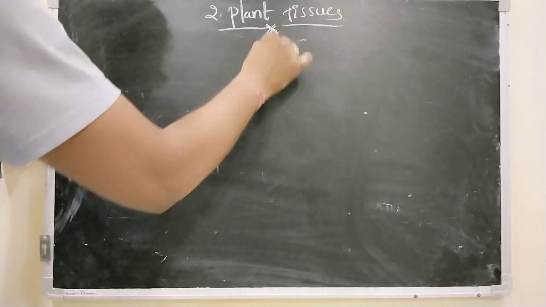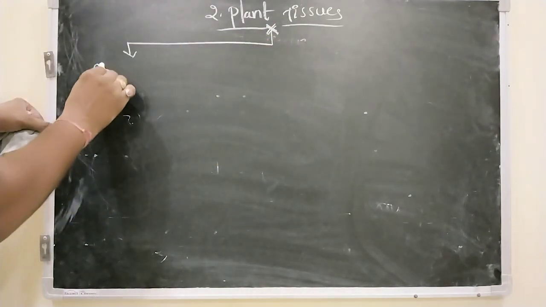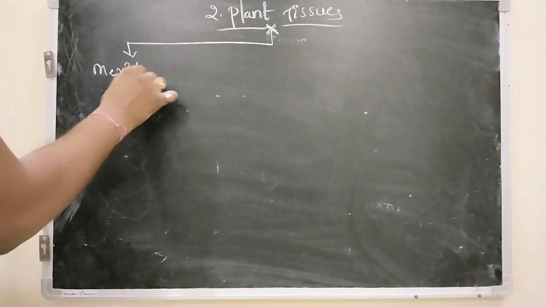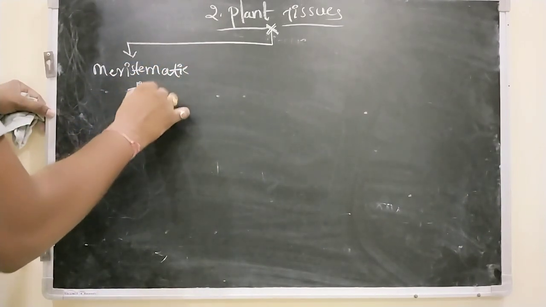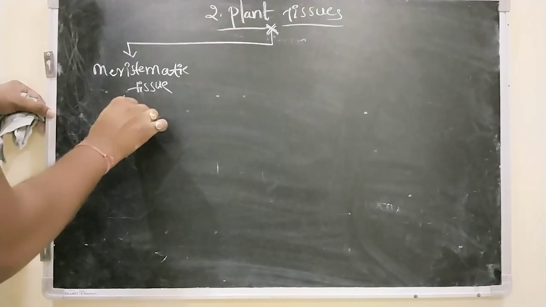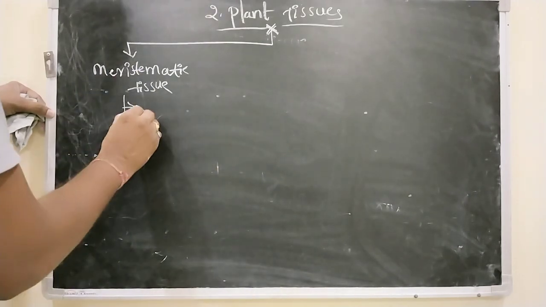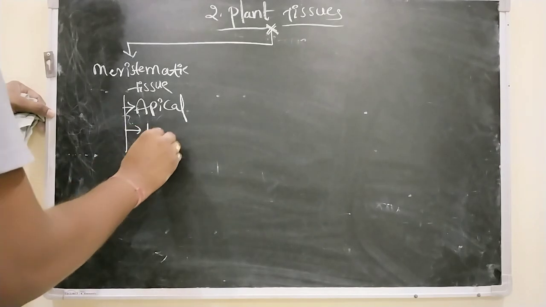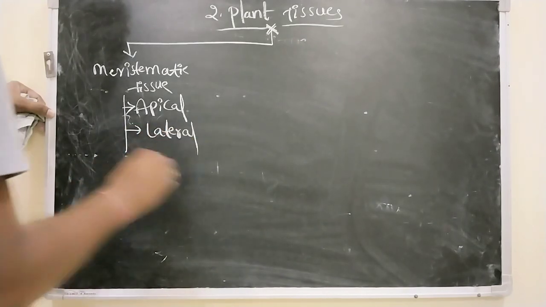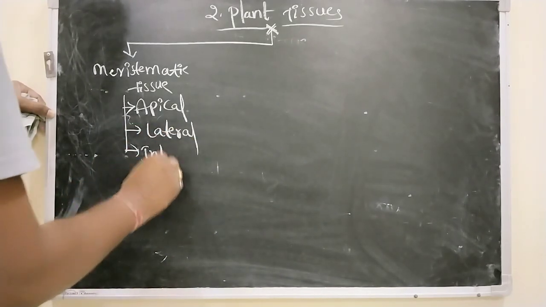So, plant tissues. Meristematic tissue has three types depending upon function and location: apical meristem, lateral meristem, and intercalary meristem.